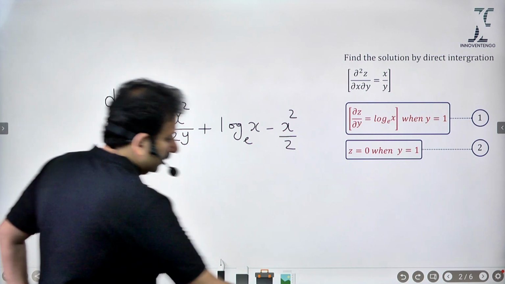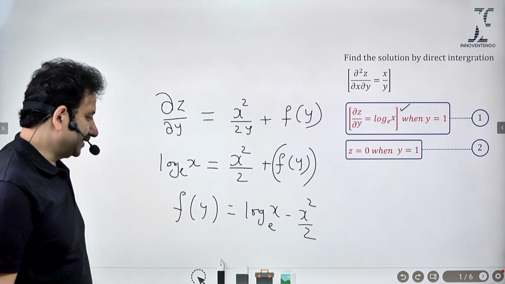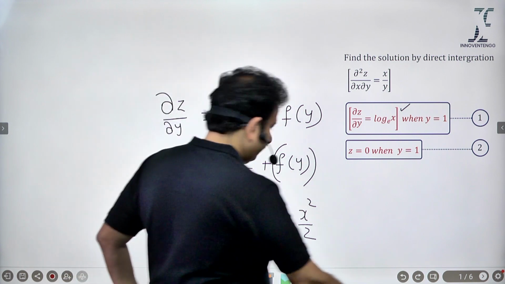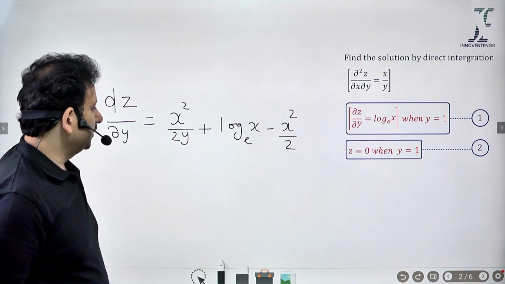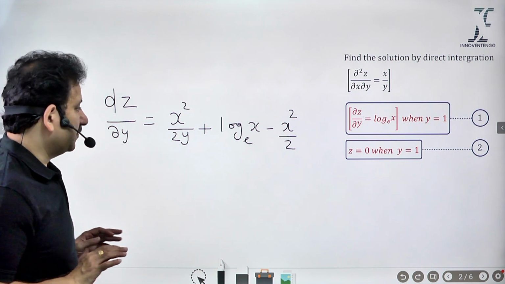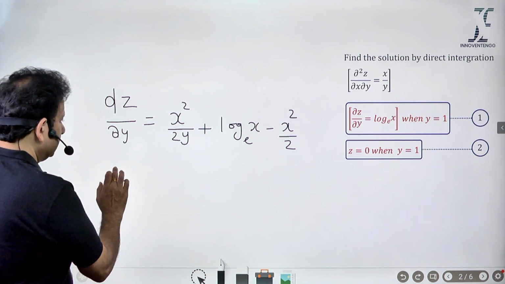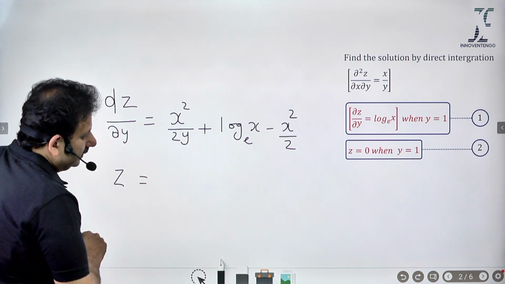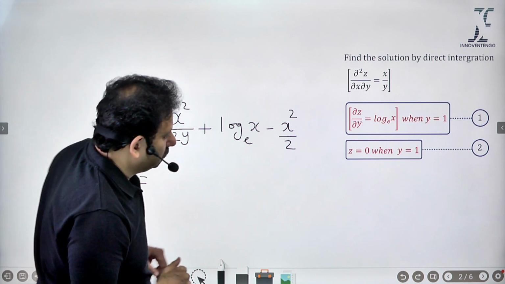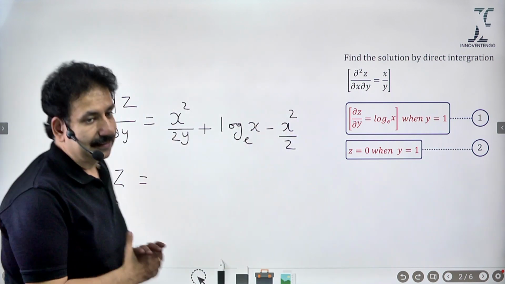Correct? So you can go back and confirm, yes indeed, that is the constant of integration, right? So therefore what we do is, next we are going to integrate with respect to y to get my final answer, but then also you would have one constant of integration, and the one that comes to our rescue would be the second criterion. Am I right?